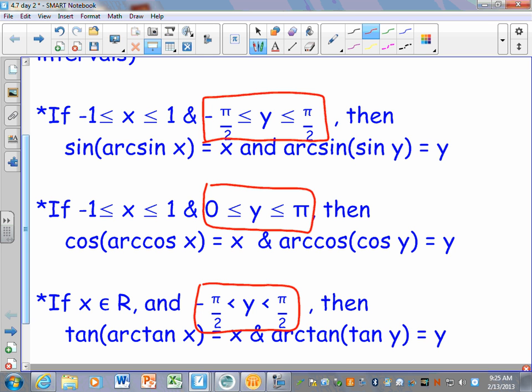The good news is, if you don't remember this property, you can always just work this problem out. Or if I give you one that you can't work out, hopefully you'll remember that if you do any function and its inverse, they'll cancel each other out. If you take the square root of something squared, or ln of e, those are inverses of each other. Those cancel each other out.